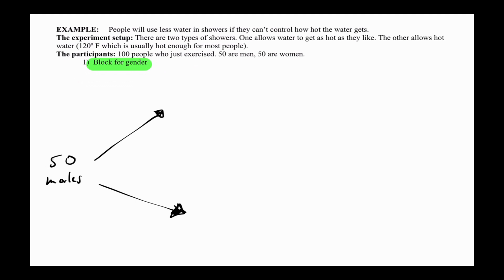We could say the one that allows water as hot as they like. That's a normal shower, right? We could say that's a control group, or we can say there's two treatments. We're just comparing. Doesn't matter. Just note that in your answer. If you're going to put a control group, put it down here. If you're going to put two treatment groups, that's fine too.